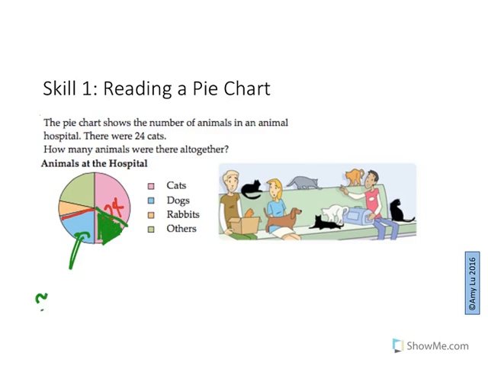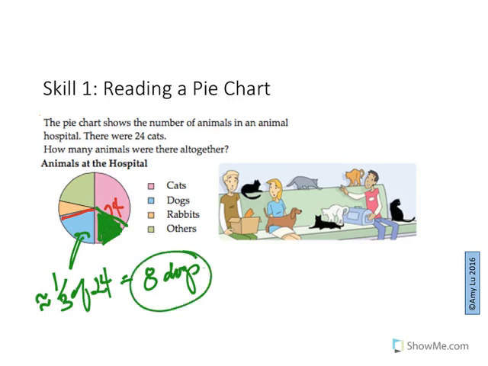We can say it's approximately 1/3 of 24 based on that. So if we want to figure out how many dogs there are, we can say, well, if it's approximately 1/3 of that 24, that means it probably is 24 divided by 3, 8 dogs. Okay? That's a way to just kind of continue interpreting the information, although that question's not asked.